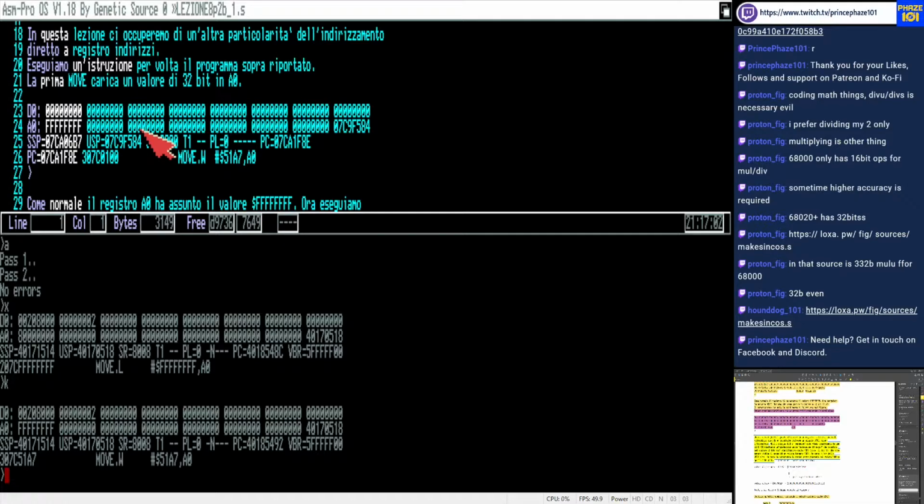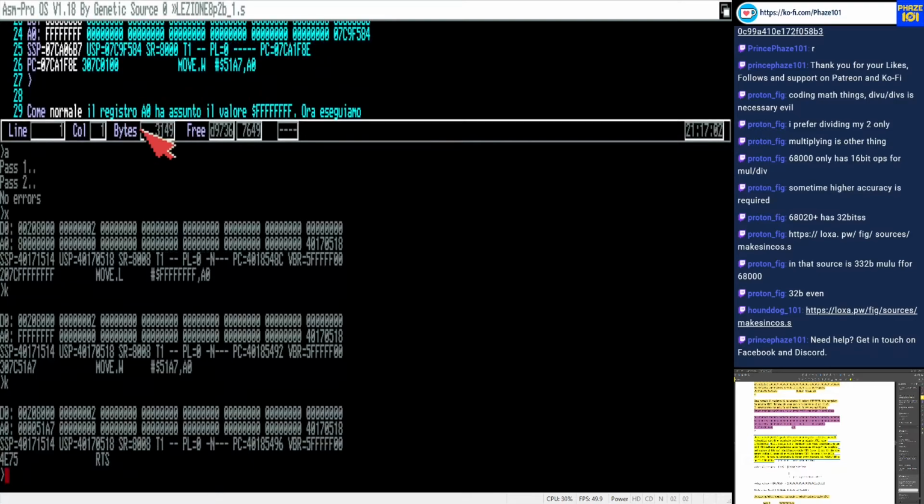Notice that the N flag was set and it remained set. We move 51A7 into 80, and you can see that this time 80 has got 51A7, and the N flag is still set. This is from the previous example, so it's still remembering.